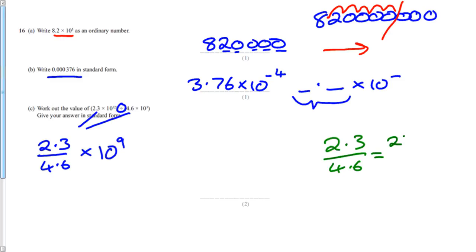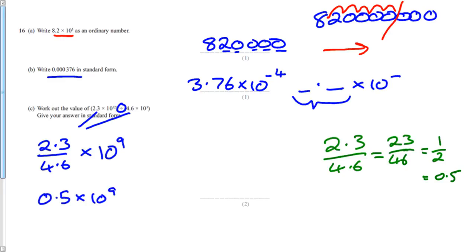As long as we do the same to the top as we do to the bottom, it doesn't actually affect the answer. So we do that, and we get 23 over 46, which we can then simplify to 1 over 2. Now one thing that you should know is a half equals 0.5. So when we rewrite this answer, it's going to be 0.5 times 10 to the power of 9.